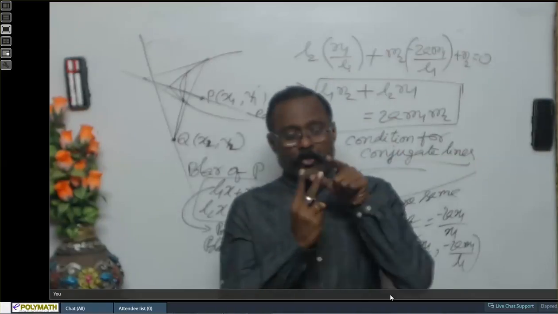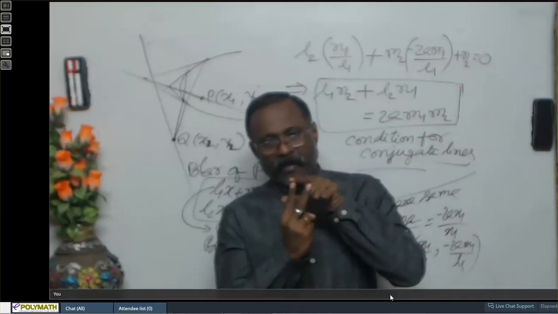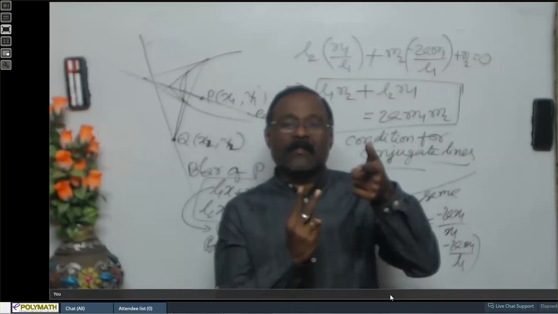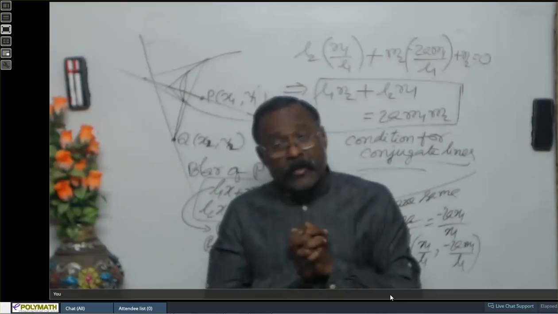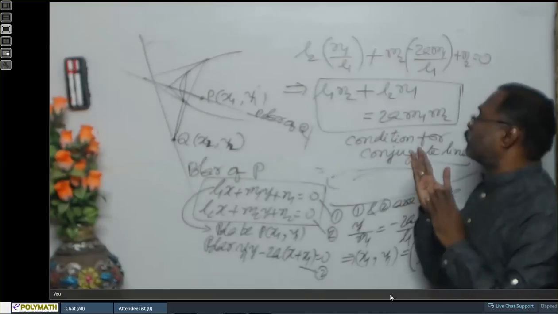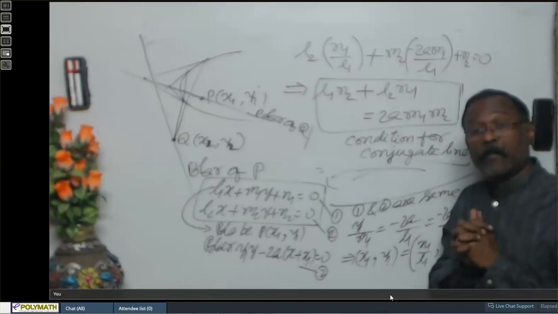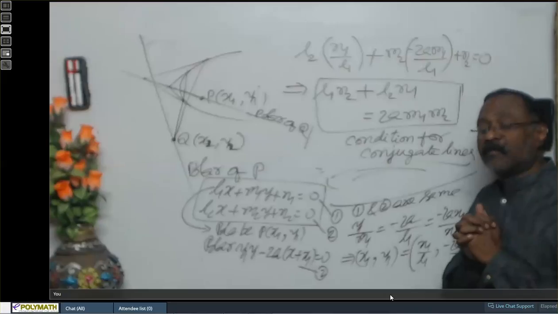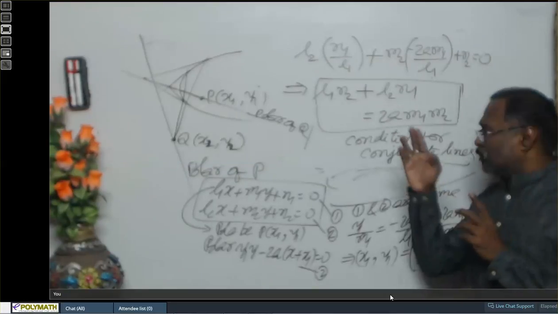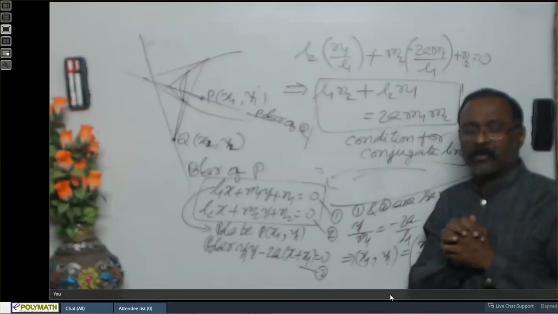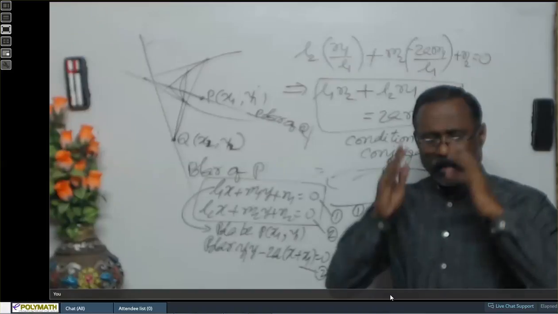Two lines are said to be conjugate lines if the pole of either lies on the other, and the condition for conjugate lines is L1 N2 plus L2 N1 equal to 2a M1 M2. Remember, this is not a universal condition because we have taken the parabola in the simplest form, y square equal to 4ax. Remember the method please.